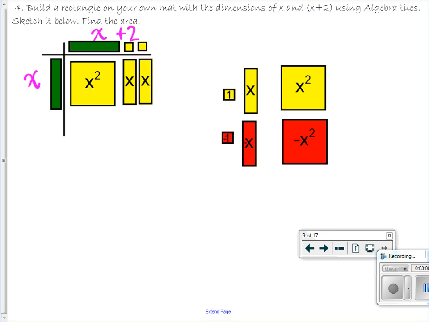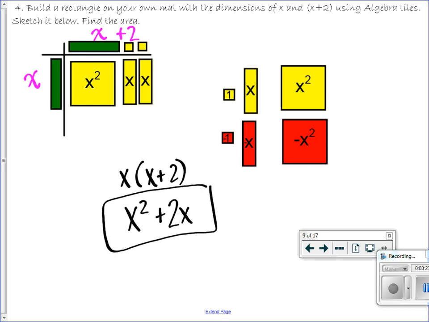The inside is your answer. The inside is always your product, the answer to that multiplication. So what is the answer to multiplying X times X plus 2? X squared plus 2X. Ta-da! Okay, flip to the back.